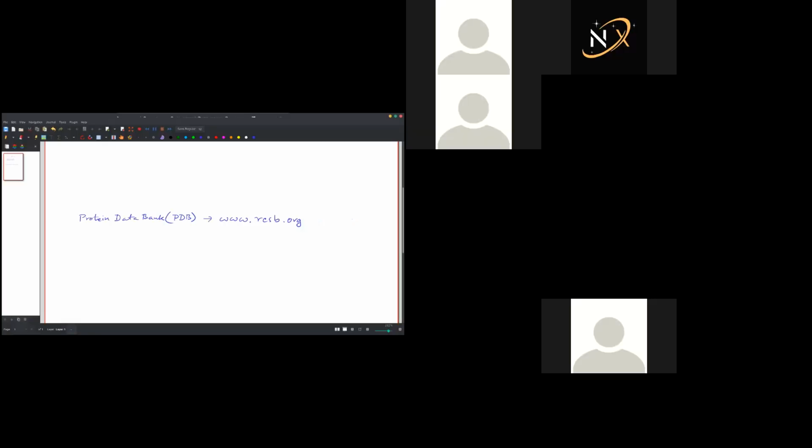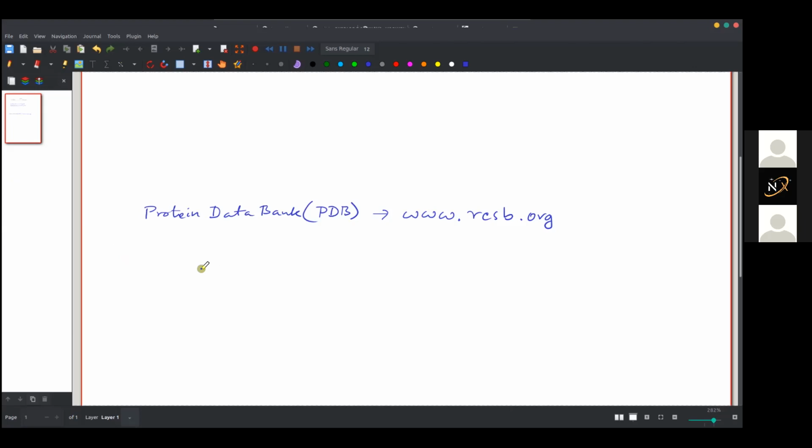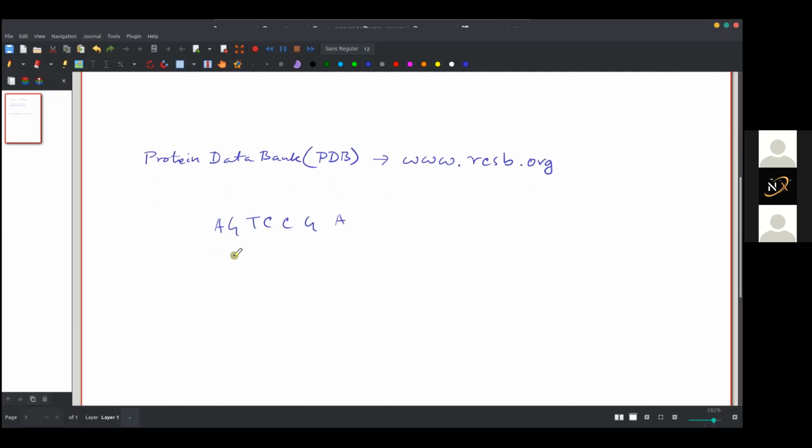Some locations are conserved. Let's take a random DNA sequence, say A G T C C G A, and I have the same sequence in maybe four animals, and it's like C G E A G A, and something else, let's say P G A A G A, something of this sort.